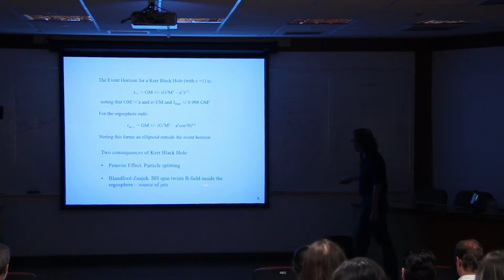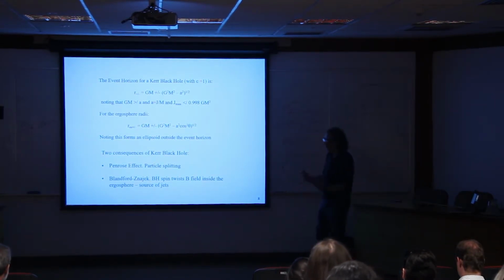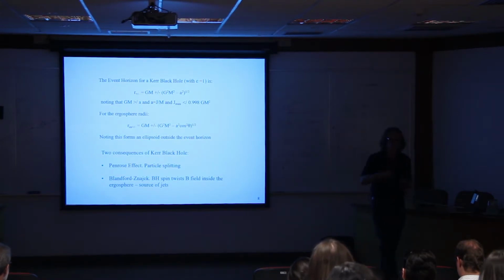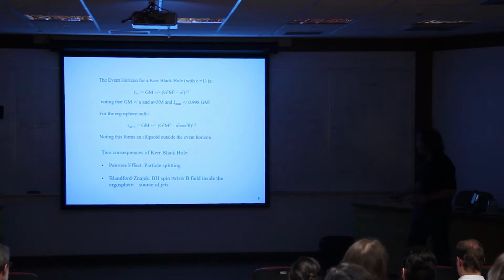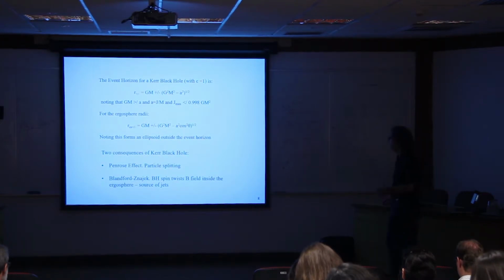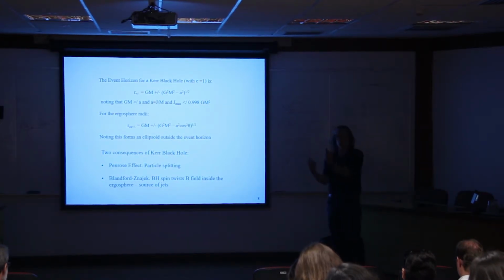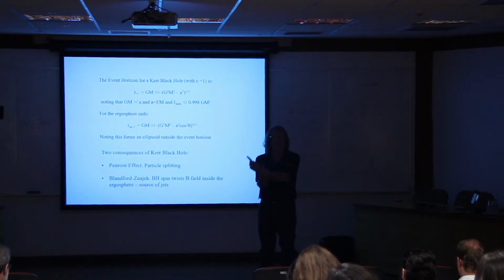In any case, the Blandford-Znajek effect has to relate to jets. Again, you have the black hole influencing the space-time around it. Outside the event horizon of the Kerr black hole, this effect, dragging space-time with it as the black hole rotates, will cause magnetic field lines to essentially spin up close to the black hole, and that possibly creates the acceleration and collimation of relativistic particles that produce those radio jets that I showed you yesterday.